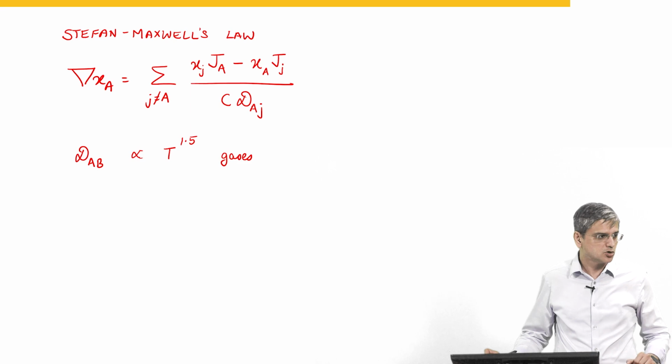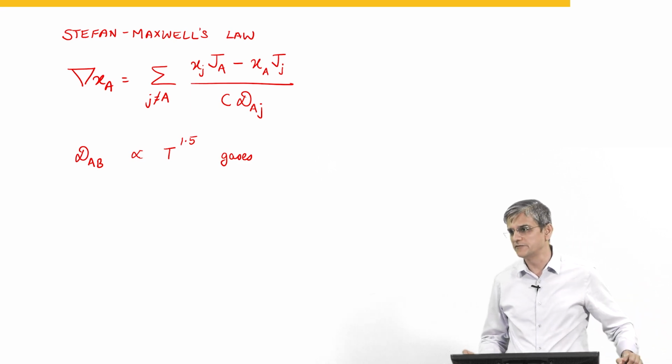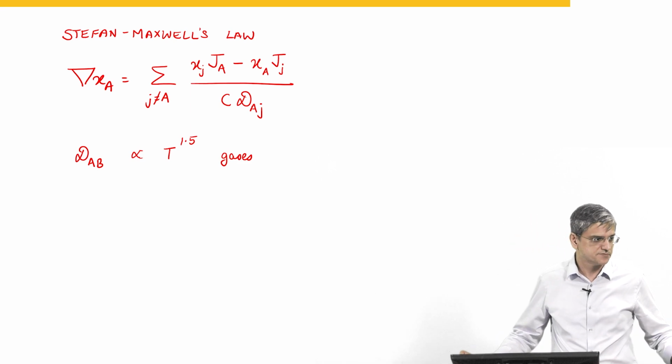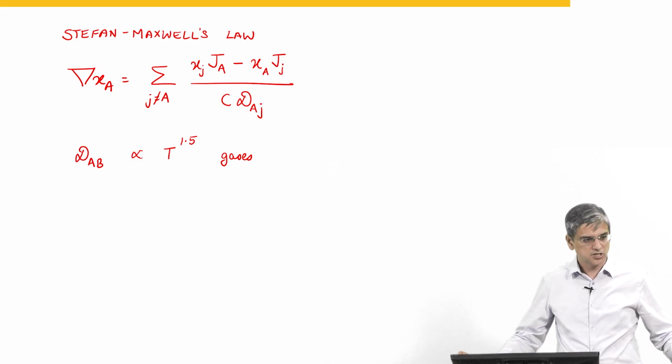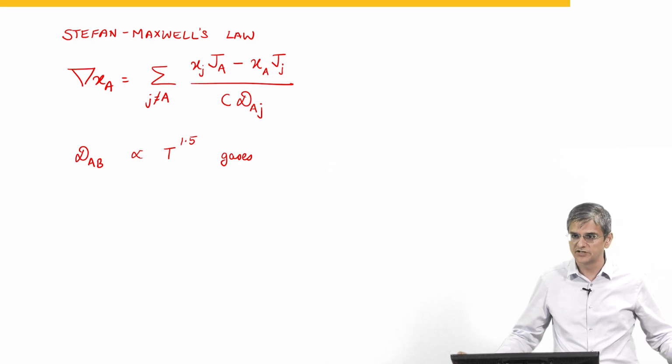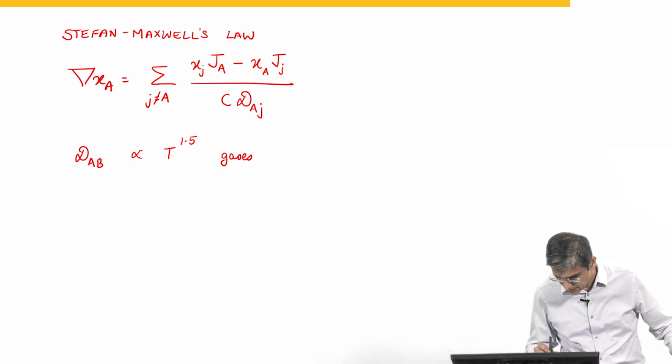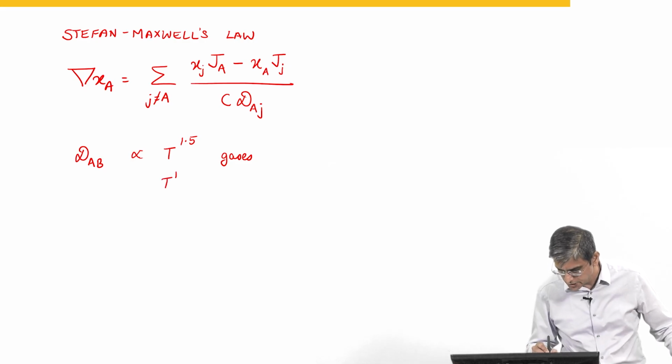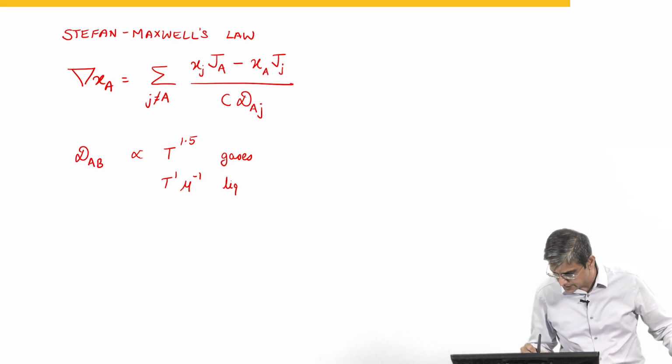It is also dependent on the molecular weights of the diffusing species. Larger the molecular weight, lower is the diffusivity, smaller the molecular weight, larger is the diffusivity. Okay. And it is proportional to T to the power 1 and mu to the power minus 1 in liquids.